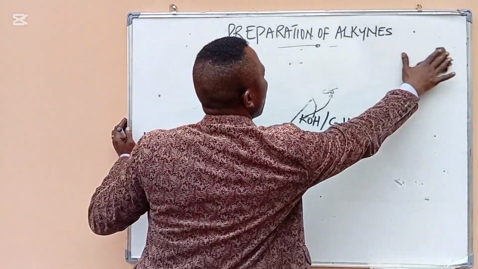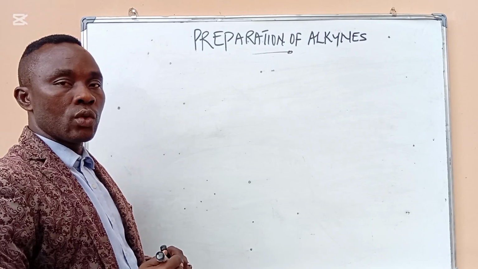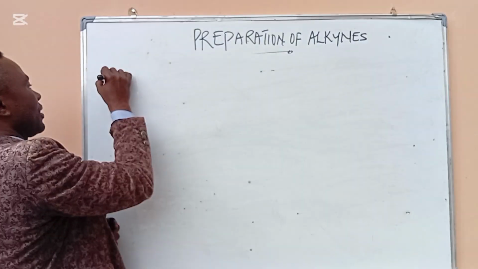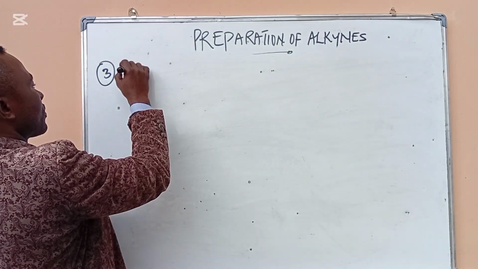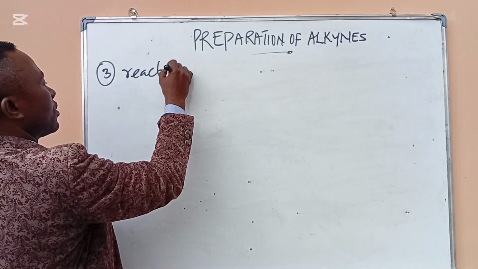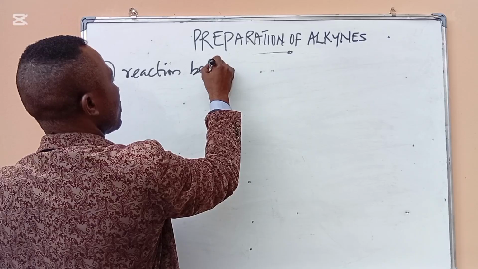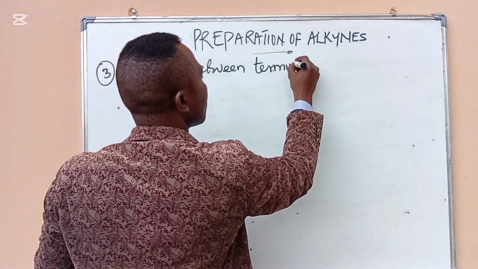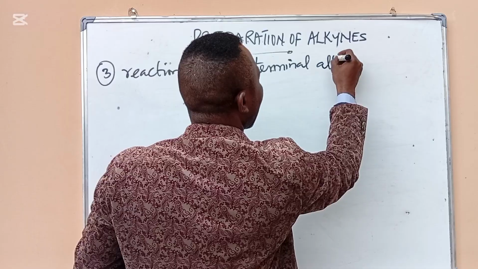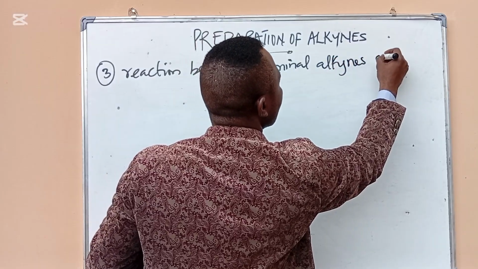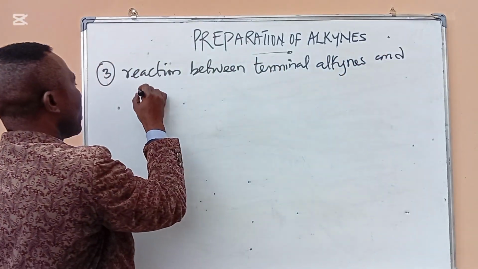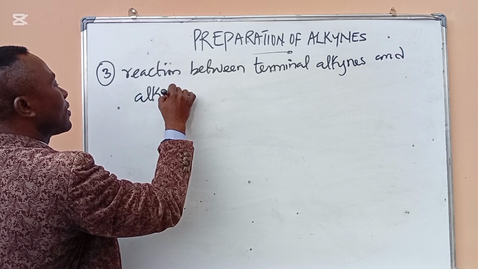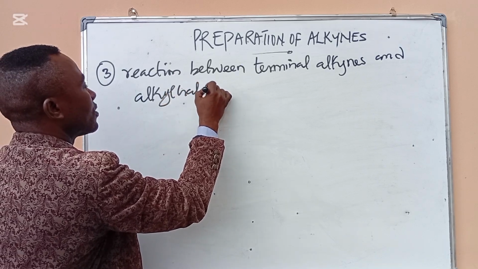Number 3, we can prepare alkynes by reaction between terminal alkynes and alkyl halide.